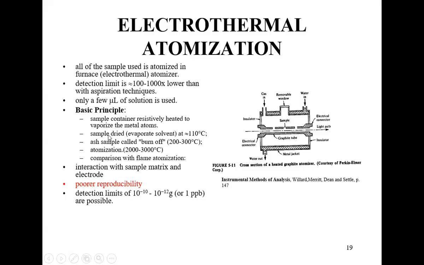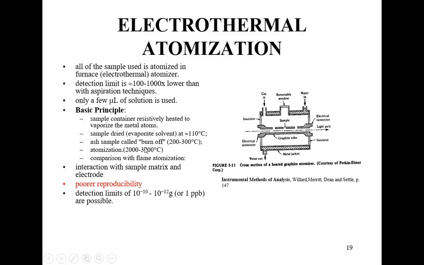And the basic principle, we know the basic principle of operation of electrothermal atomization or graphite furnace atomization. The sample container is resistively heated to vaporize the metal atoms. The sample is dried, or the solvent is removed, at about 110 degrees Celsius, and you ash the sample.